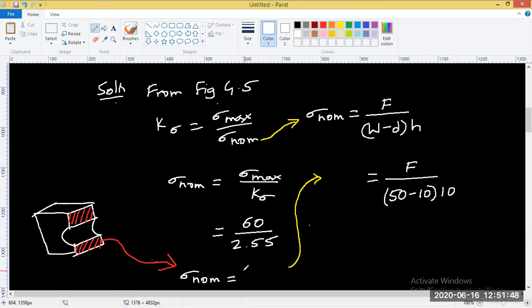So we got 23.52 newtons per mm square. We plug this value in, 23.52, and now we get the force F. 50 minus 10 is 40, 40 into 10 is 400. 400 into 23.52, you just calculate this and let me know the answer.